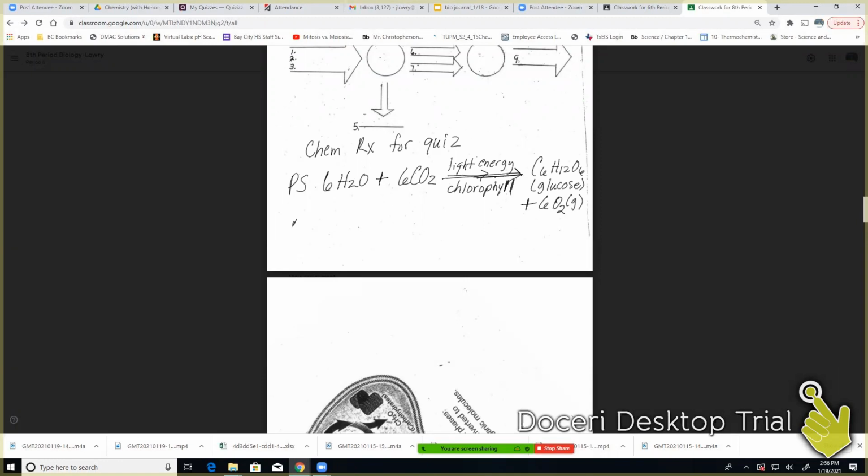And then for cellular respiration, they're very related. My product of photosynthesis becomes my reactants for cellular respiration. So I'm going to start with my glucose and my 6 oxygen molecules.